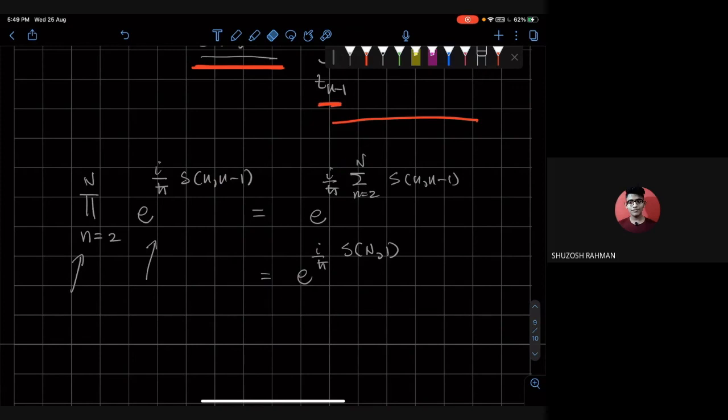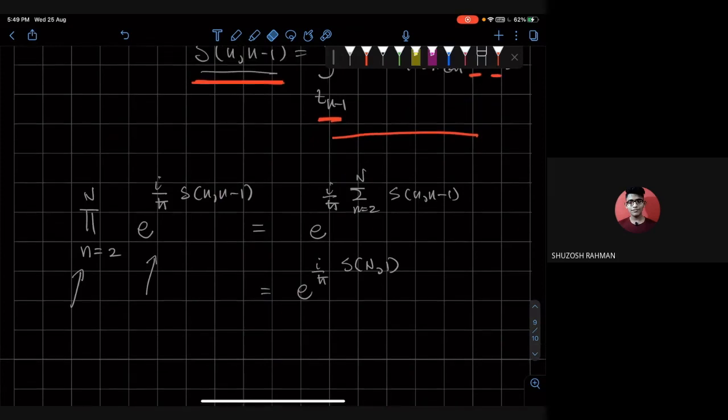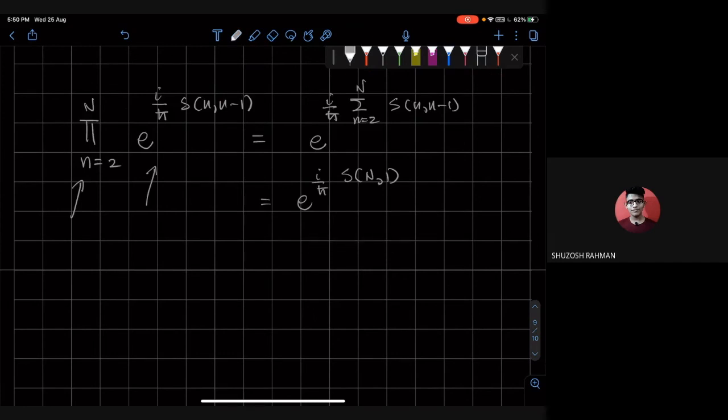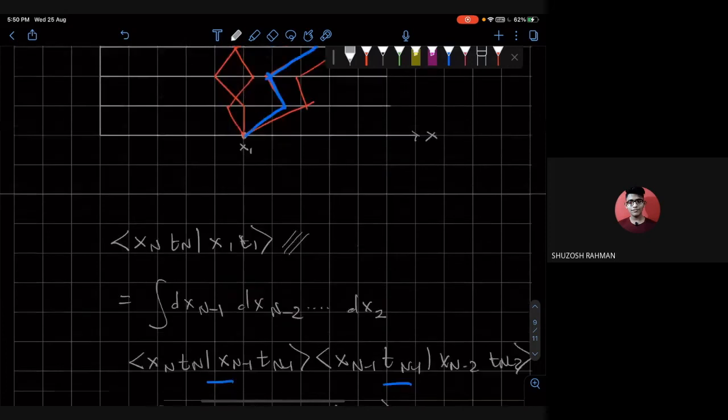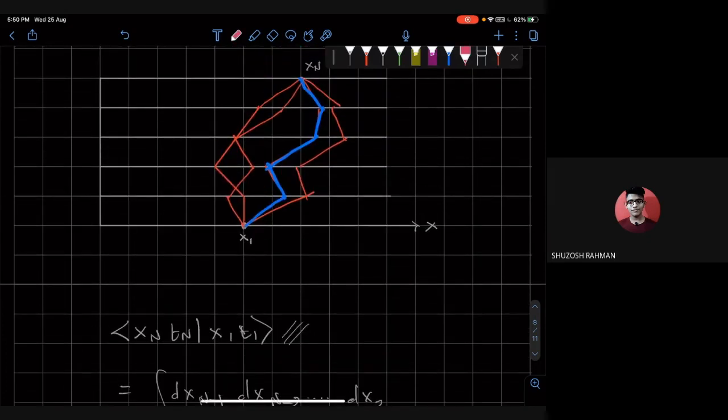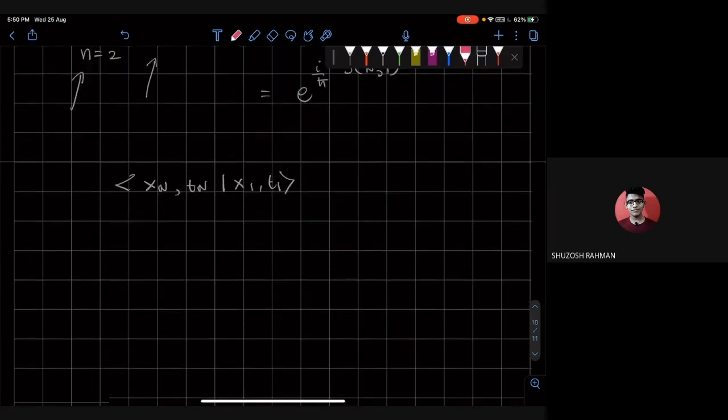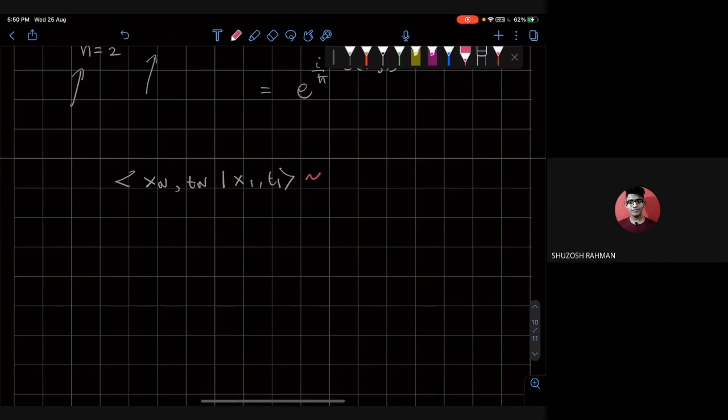Okay, but this is just one contribution to x_N, t_N, x_1, t_1. We are missing the contribution from all these other paths. So to actually write equality here, well, I'm going to write proportionality, because there's a dimensional constant that we will add.